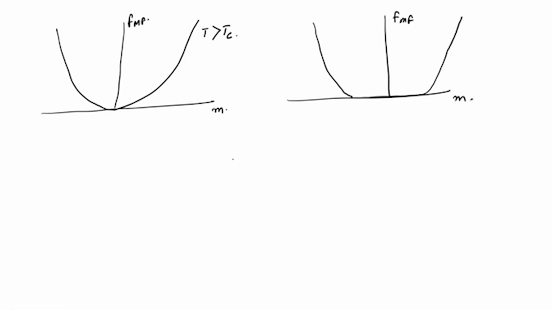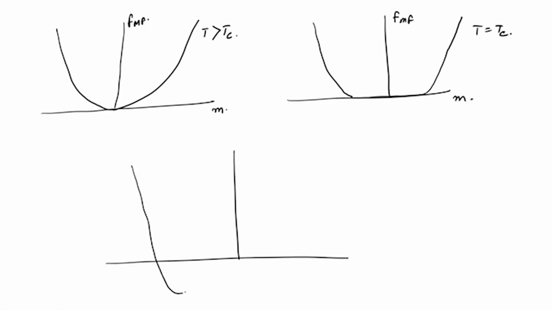And the important thing is that at T less than Tc, so this is at T equal to Tc, and then for T less than Tc, this is minus m and this is plus m. So the minima of the free energy are obtained at two values which are symmetrically placed about m equal to 0.